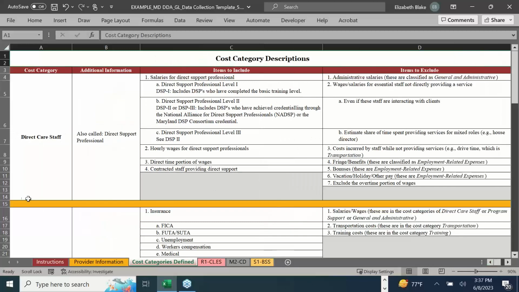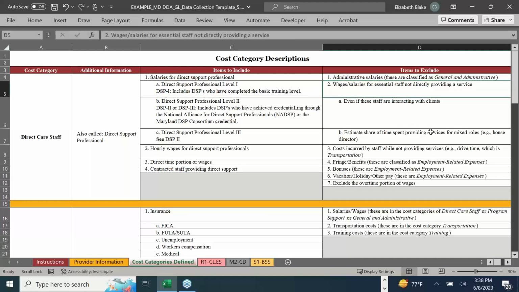On this side, we have our cost category. Here is the additional information, which is just our definition of what the cost category is. Then we have our items to include, which we've been over, and here are our items to exclude. As we were saying, administrative salaries are going to be classified as general and administrative, so they'll go in that cost category.